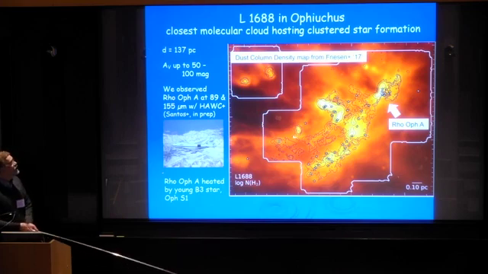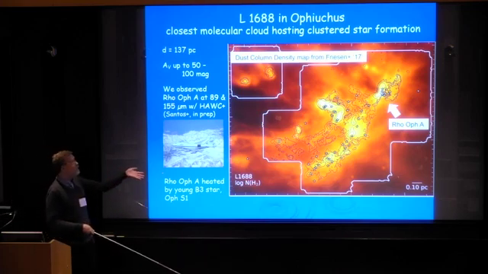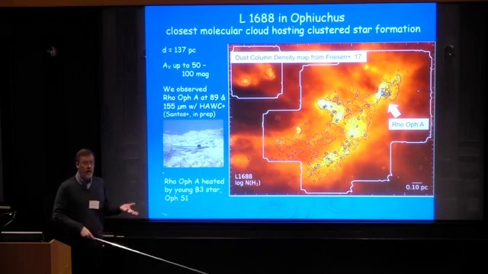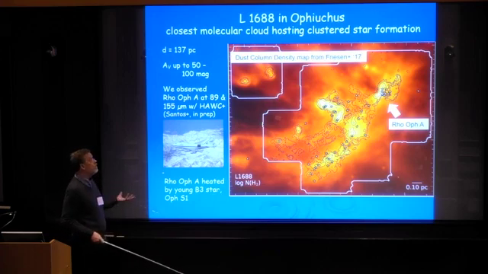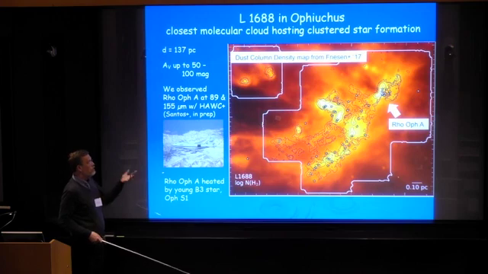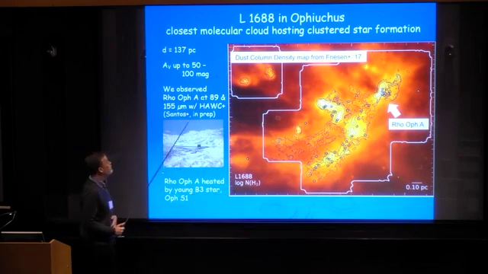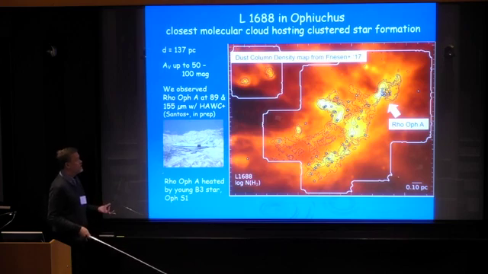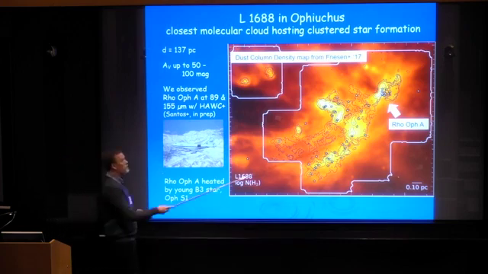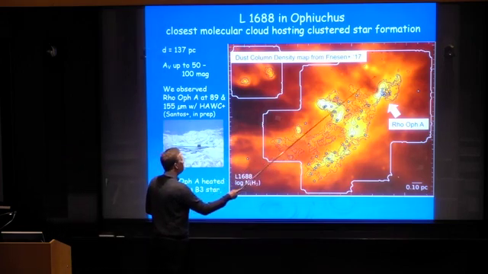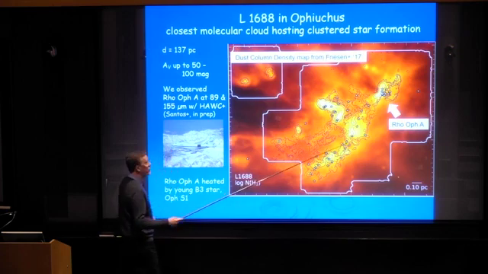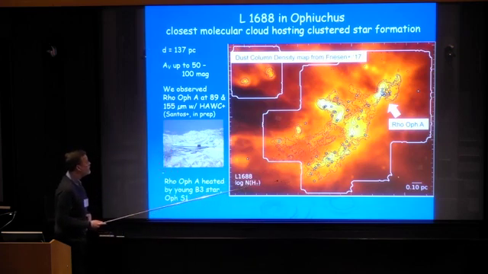Okay, so now I'm going to move on to the target of SOFIA. What you're looking at here is a column density map of L1688, which is a portion of the Ophiuchus molecular cloud. This part of Ophiuchus has very high column densities, at the peak up to 100 magnitudes. And what we studied with SOFIA is this one core here called Rho Oph A, where the column density reaches the highest value found in this cloud.